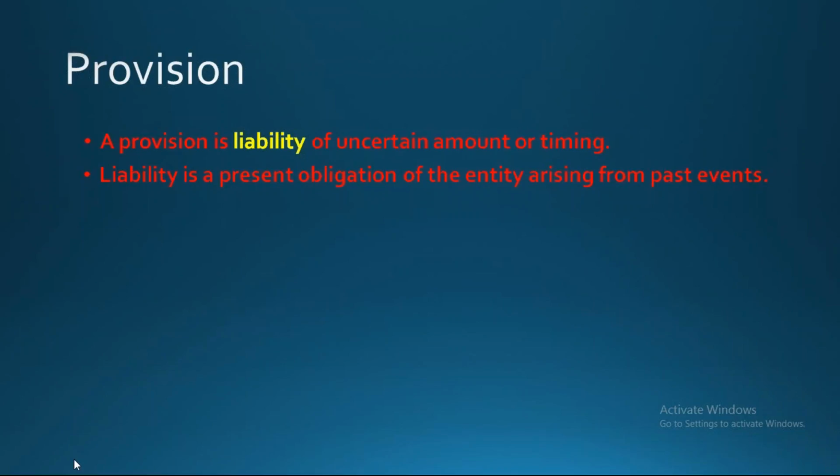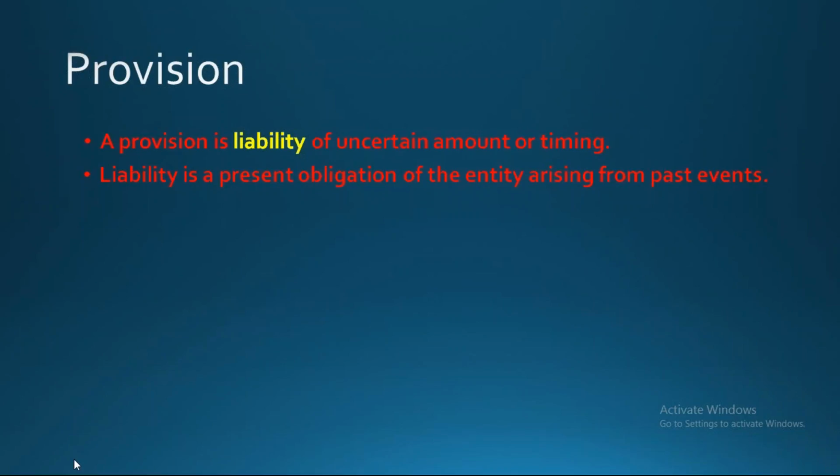If you know the amount, it's definitely a liability, a non-current liability or a current liability. If you have bought goods from me and I invoice you 100,000, you have to pay. It's a present obligation. How did it arise? It arose due to some past events. So that's what we call a liability.